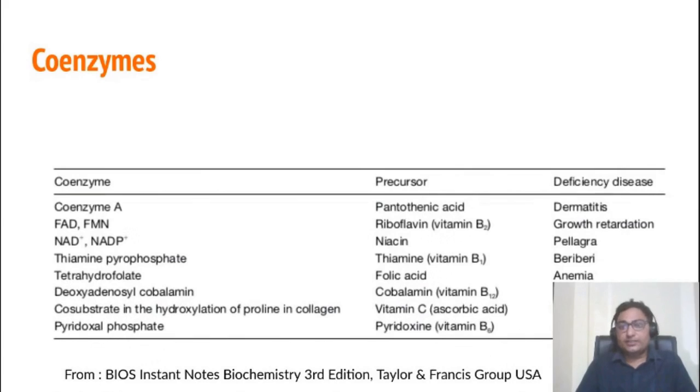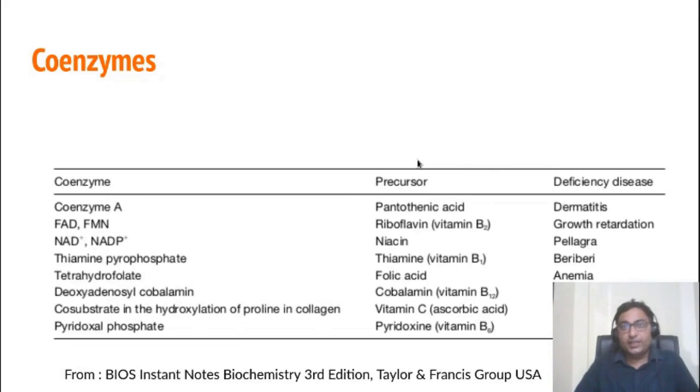Considering the coenzymes as well, these are complex organic molecules like coenzyme A, which is made up of pantothenic acid, and its deficiency may lead to dermatitis. Likewise, various organic molecules including FAD, FMN, NAD, thiamine phosphate, cyanocobalamin, pyridoxal phosphate, which are produced from vitamins.